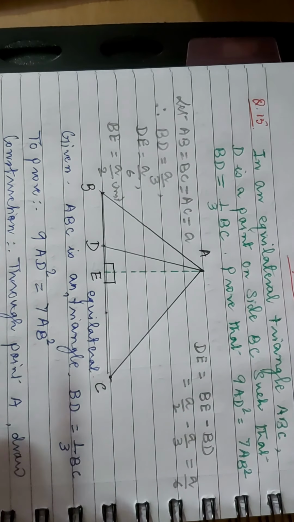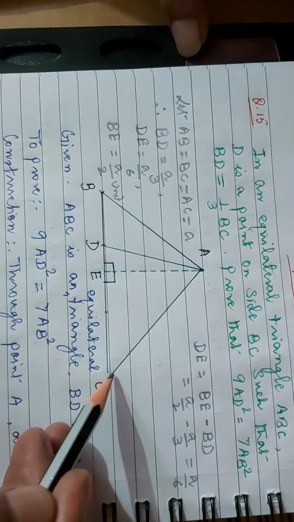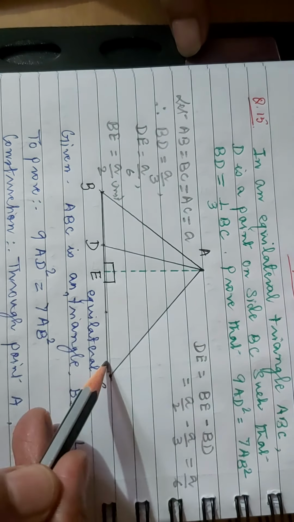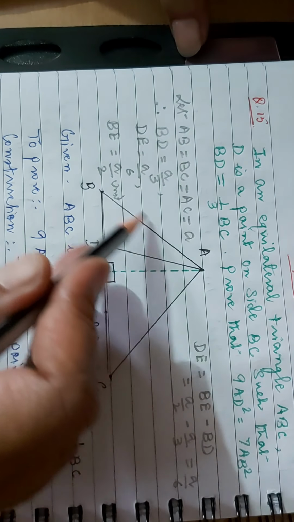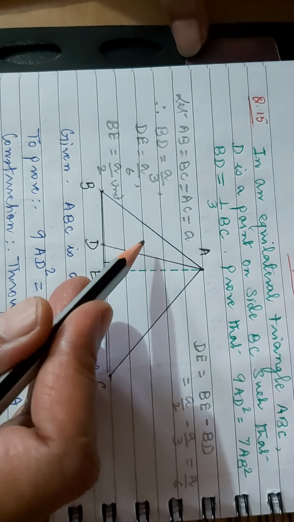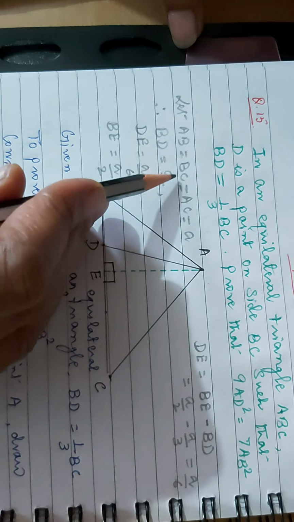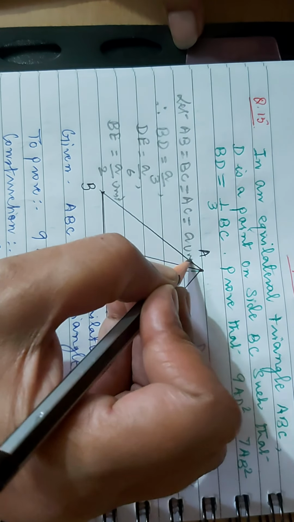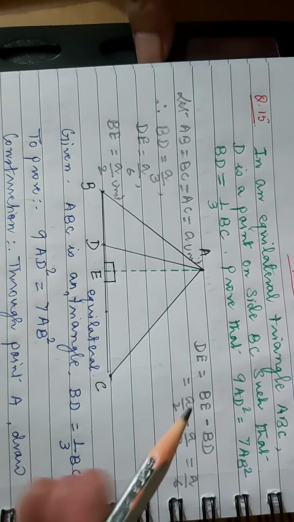Since ABC is an equilateral triangle, all the sides AB, BC, AC are equal. Let the side length of each be A unit. So let AB is equal to BC is equal to AC is equal to A unit.